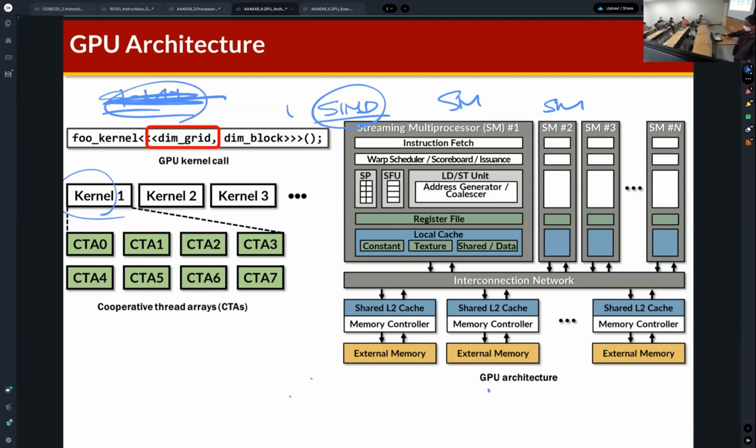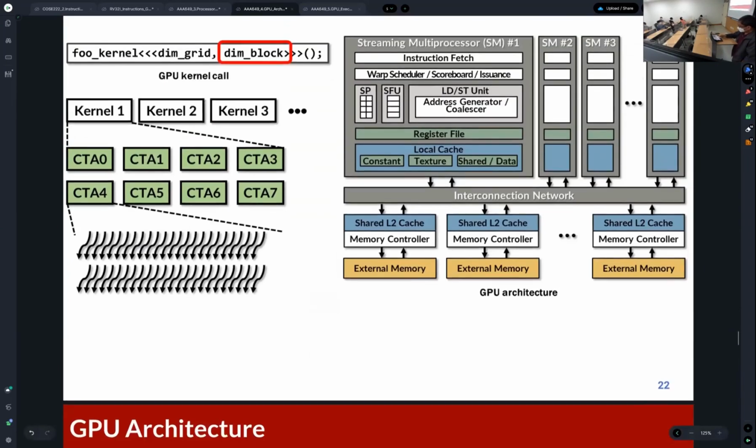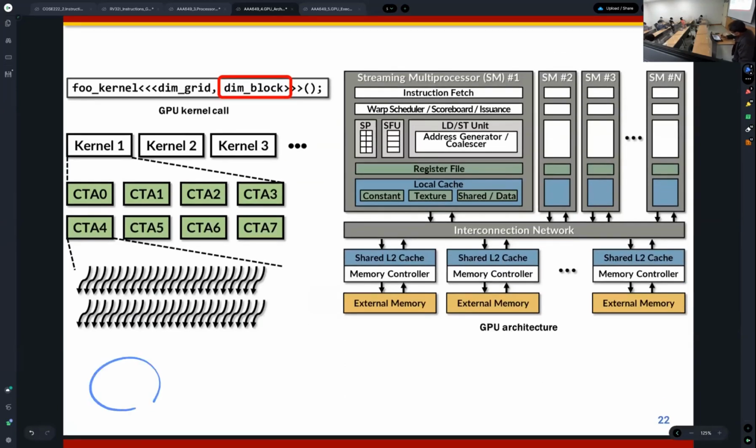So in the kernel, we generate the threads.